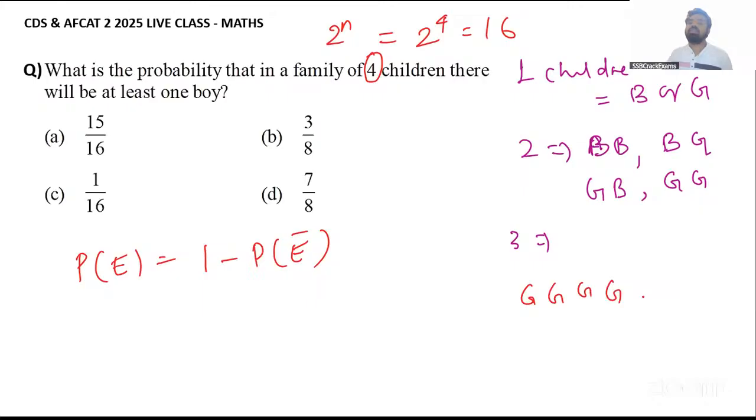So there is only one possibility of getting all girls: G, G, G, and G. Every other event will contain at least one boy. How many total elements? There are 16. The possibility of getting all girls is one only. So 1 upon 16 is subtracted from 1, so it is 15 upon 16. Very good.